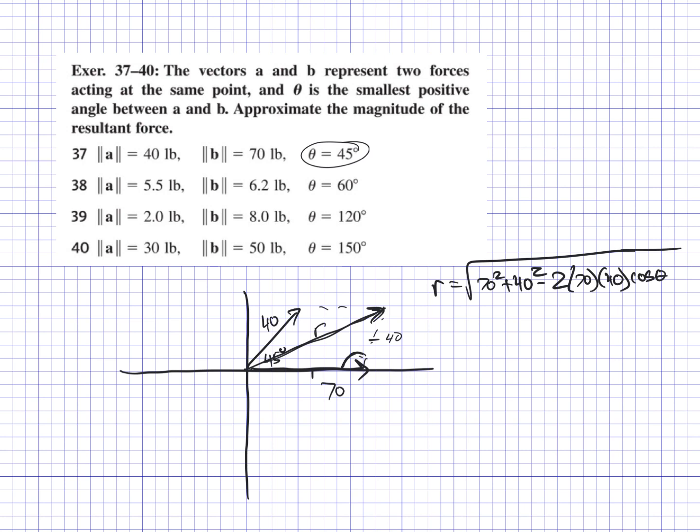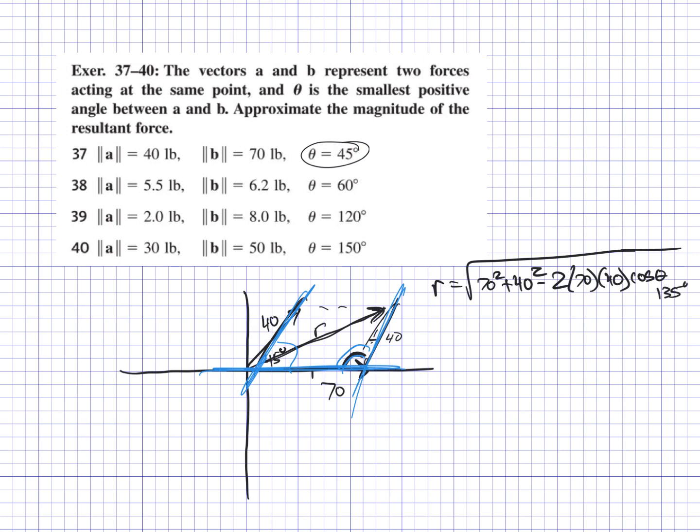We can get theta. How do we get that? It's a parallelogram. Parallel lines cut by a transversal. So I'm going to use blue here so you can see it. So the 45 and theta are consecutive interior angles. So that should be 135 degrees.